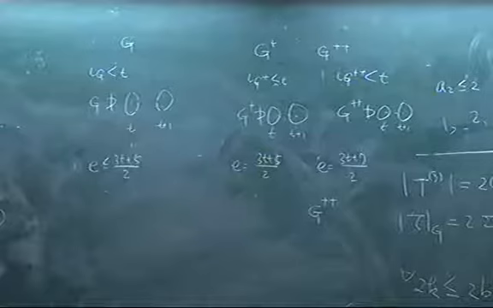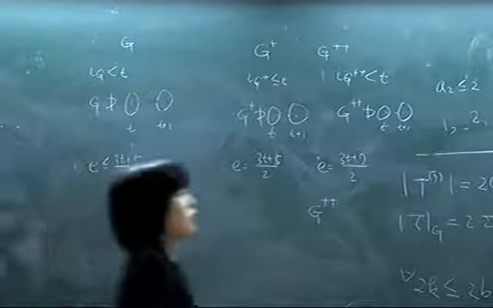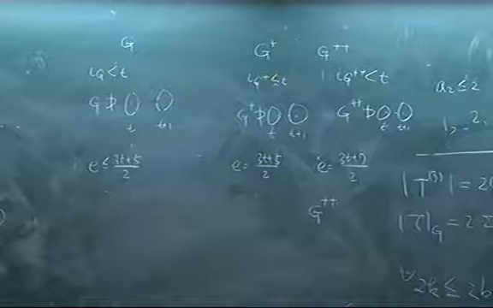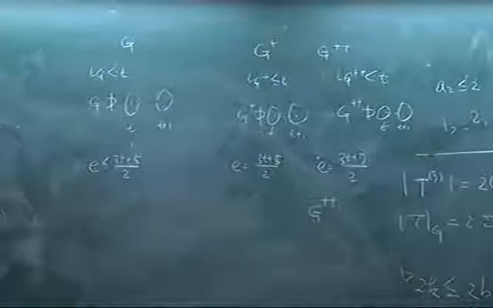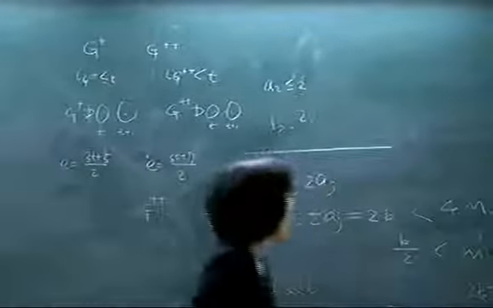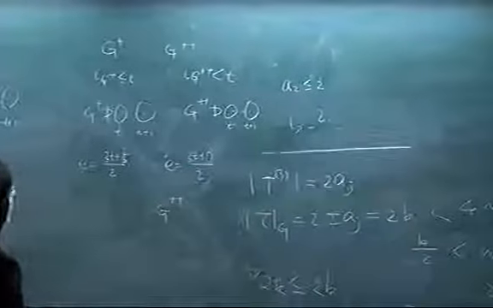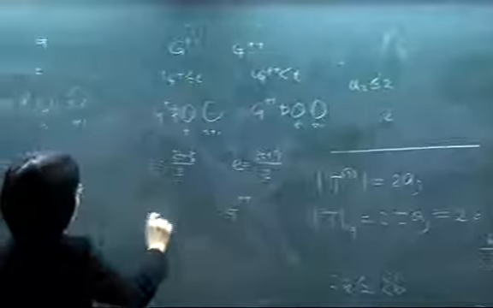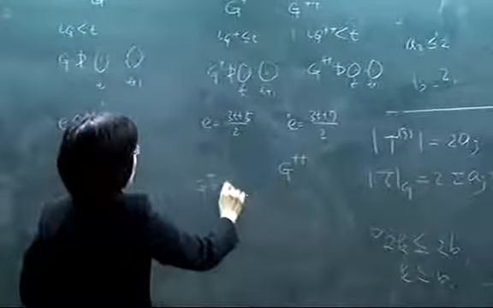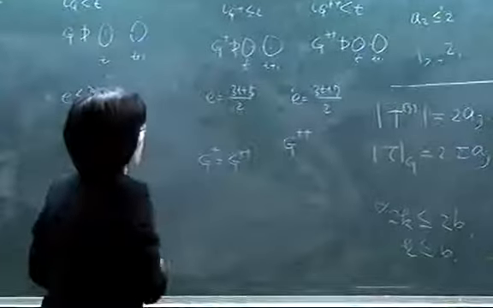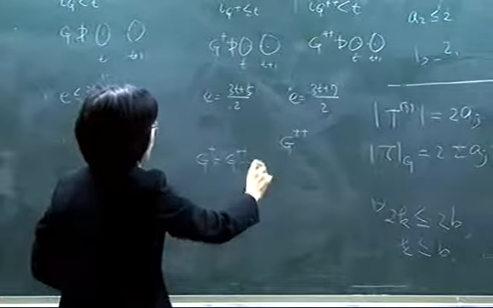So from there, we think about G+. G++ is one of those two graphs, that one or that one. And G plus is the graph which we can get by subtracting one edge from G++.